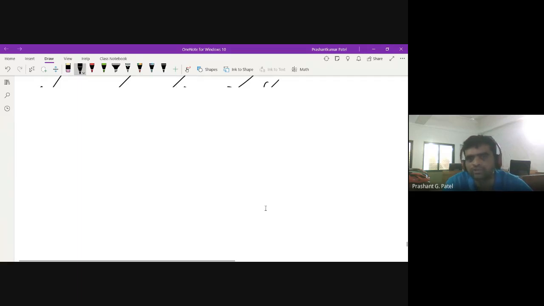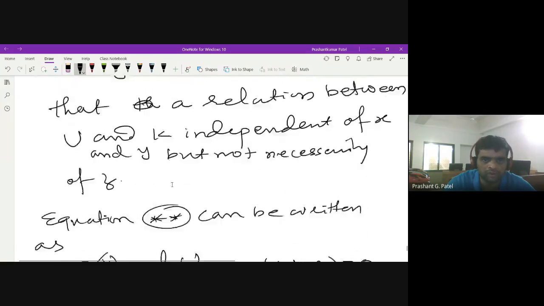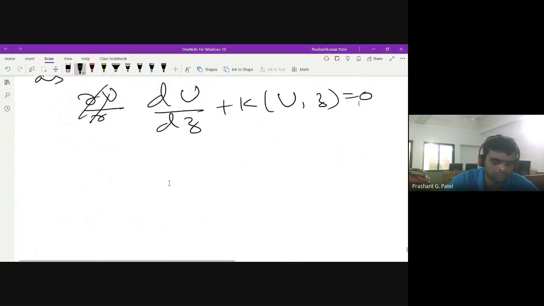Let's say that solution is phi of u, z equal to some constant, where c is some arbitrary constant. And this is the solution, now expressed in the form of u of xyz, by using the capital U in terms of xyz, and therefore we achieve that our Pfaffian equation is integrable.